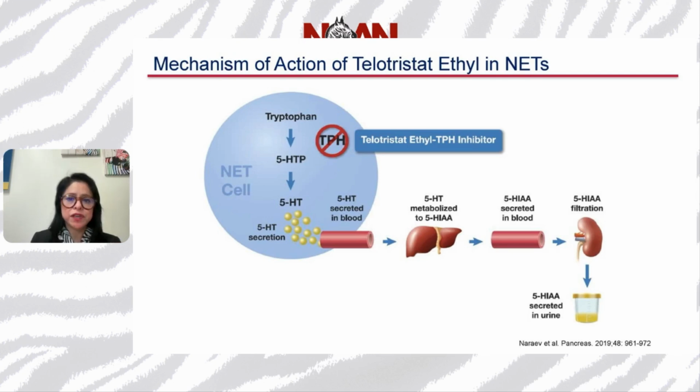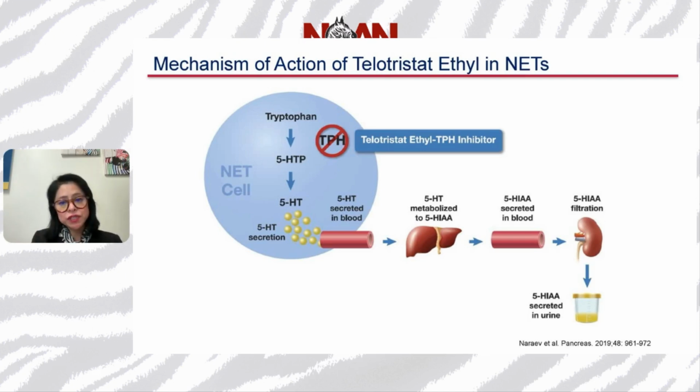The name of the medication is telotristat, or Xermelo. I'm sure you have heard that throughout the day. So just to repeat again, tryptophan is converted to serotonin by this enzyme called tryptophan hydroxylase. And then once serotonin is produced, it's metabolized in the liver in the form of 5-HIAA, and that's measured in the blood and in the urine.